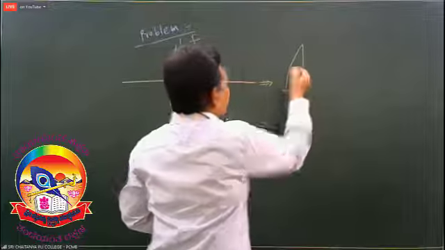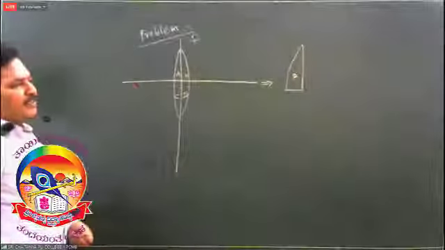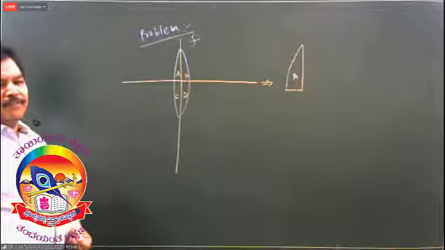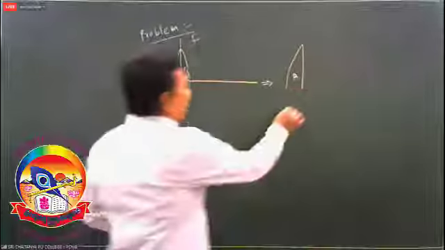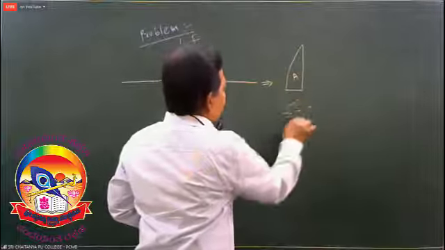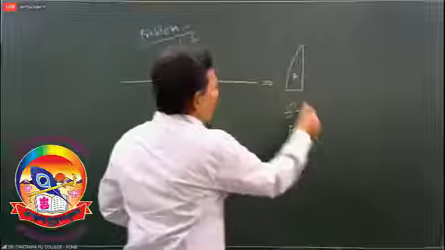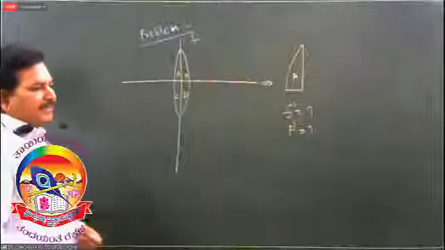This is A. I want the focal length and power of the small piece A.